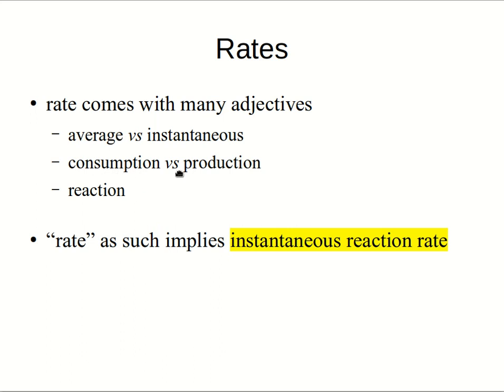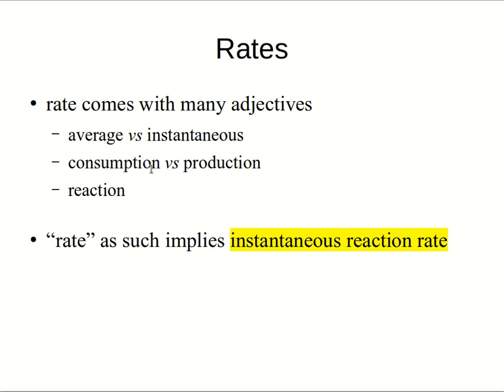The consumption versus the production rate applies usually to a reactant and to a product. Reactants are consumed, so they come with consumption rates. Products are produced, they come with production rates. But they are related to each other, right? Because they are related by the chemical reaction. Once you know a consumption rate, you can compute all the other consumption rates, and you can compute all the production rates.